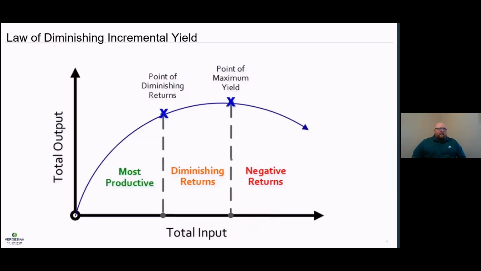And then the other thing we want to talk about is the law of diminishing incremental yield. Much like the law of diminishing returns that we learned about in economics, the law of diminishing incremental yield is basically the same thing. What it shows us is there's this optimum zone between the point of diminishing returns and the point of maximum yield.